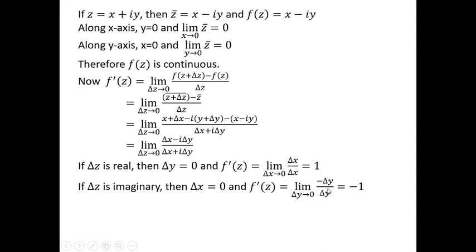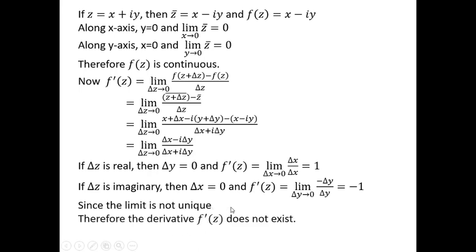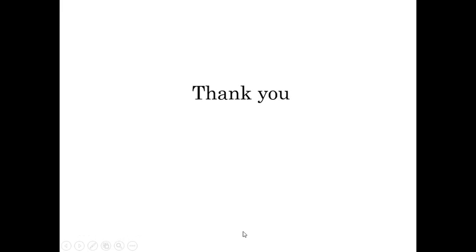We get minus 1. Here the limiting value is not unique. Since the limit is not unique, hence the given derivative does not exist. Therefore, f(z) is not differentiable. Thank you.